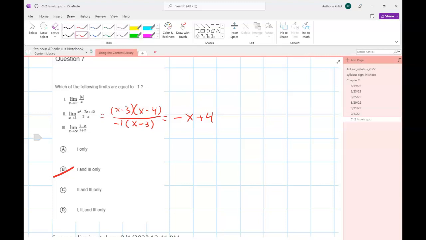So this, we have the limit as x approaches 3 of negative x plus 4. Direct substitution, that gives me 1. So that one's out immediately. The next two I have to think about a little bit.